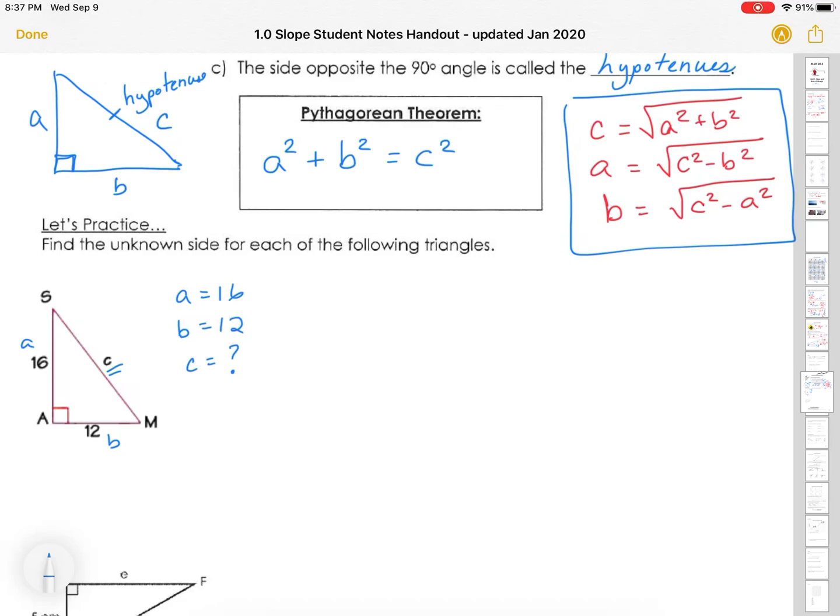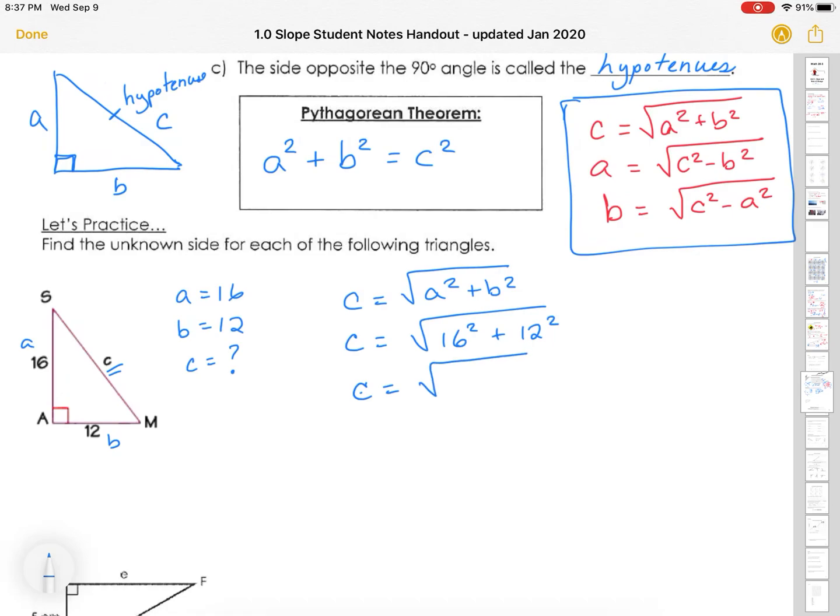So we can use the formula as written, or we can use our rearranged formula that we were given up here. So c is equal to the square root of a squared plus b squared. So we just substitute that in and solve. So a squared is going to be 16 squared plus b squared is 12 squared.